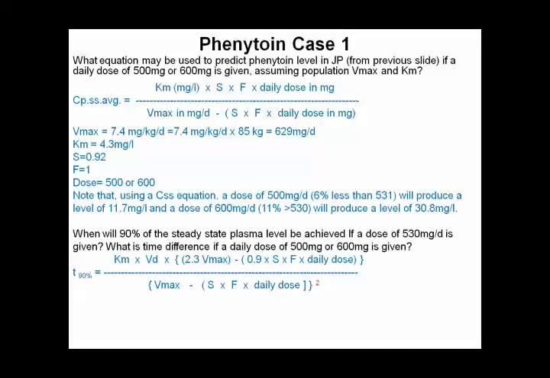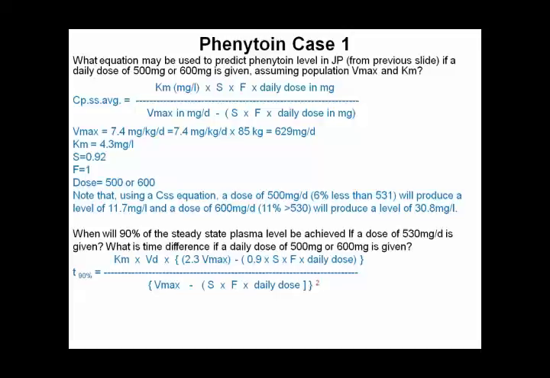And this is different from first order kinetics. In first order kinetics, you will achieve T90, or steady state, or 4 half-lives, at exactly the same time, regardless of the amount of dose that is given. This is very significant.